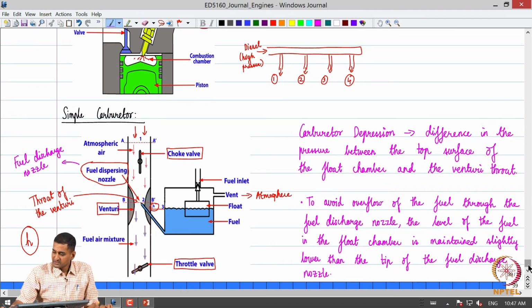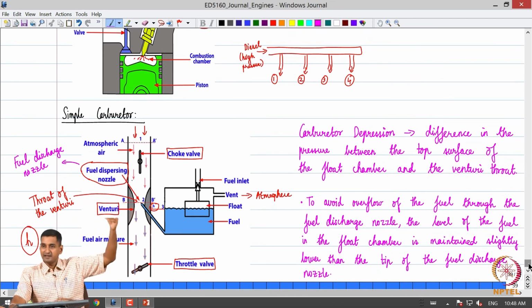So, these are some important concepts. Once again, please note that the air is drawn from the atmosphere through the air intake system and it enters the venturi.